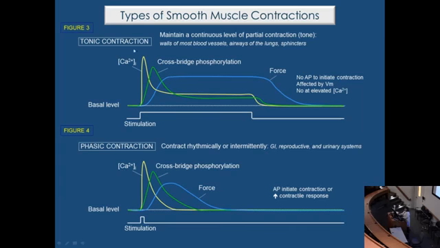But in the case of tonic contraction, for the muscles that experience this type of contraction, there is no need for an action potential to initiate the contraction, although the changes in membrane voltage will affect the amount of force.